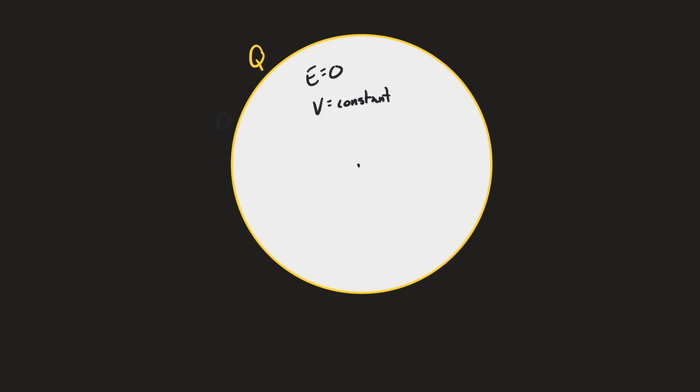if this has a radius of R, we know the electric field from 0 to R is 0. And we know the electric potential from 0 to R is a constant.